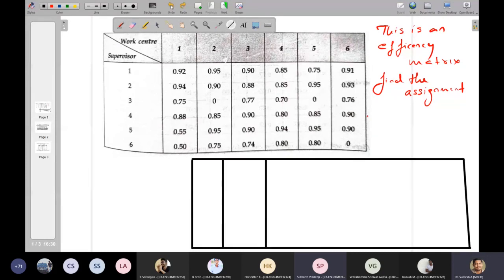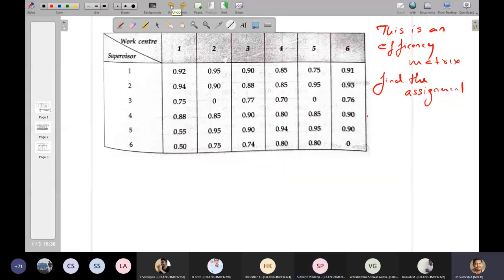So assignment is a maximization model or a minimization model? Maximization model. But efficiency, maximum efficiency should be taken. Yes, I agree. But assignment is a maximization model or a minimization model?